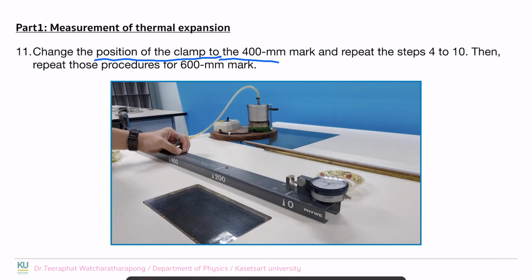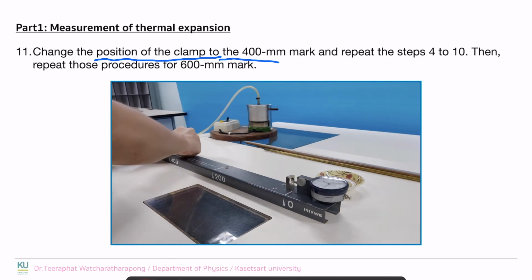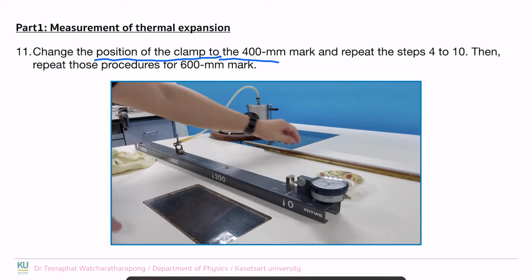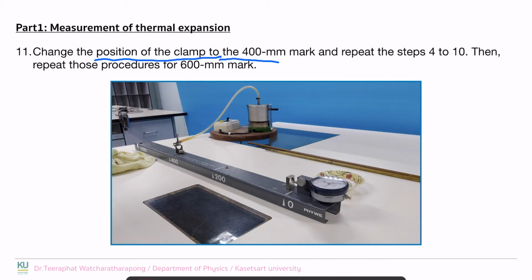After you change this, you repeat step 4 to 10. That means you have to start again from aluminum and then change from aluminum to copper, then from copper to brass and then to iron. After that, you repeat those processes again, but change the position from 400 to the 600 mm mark.